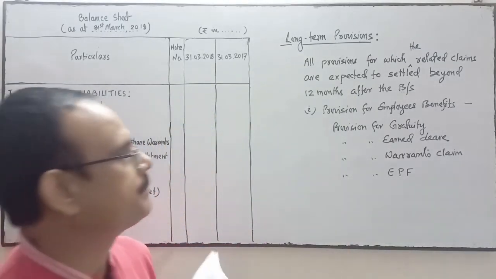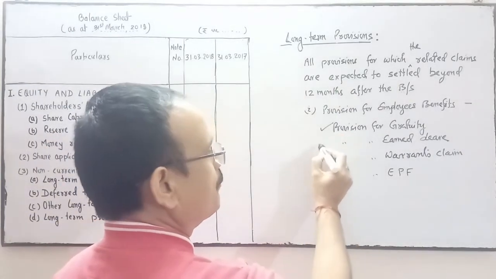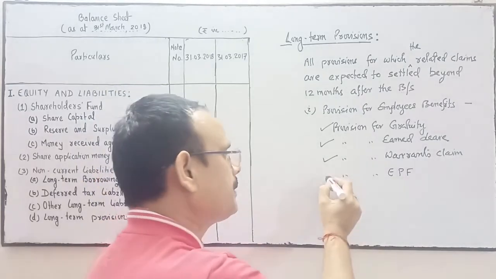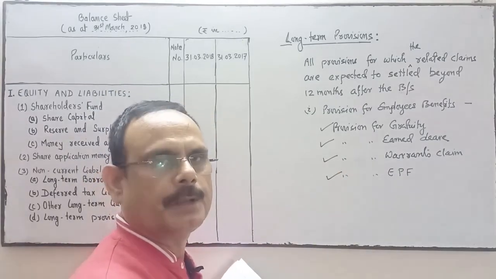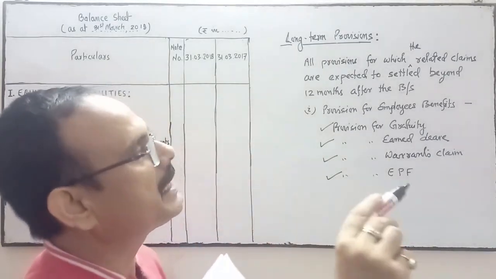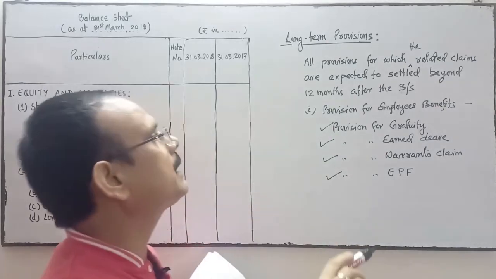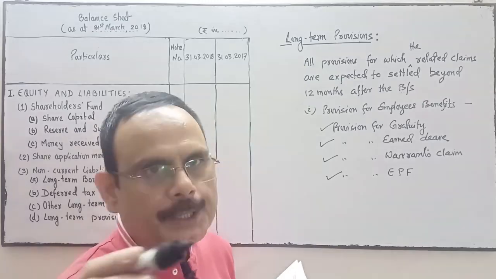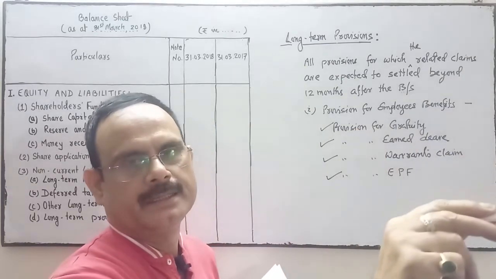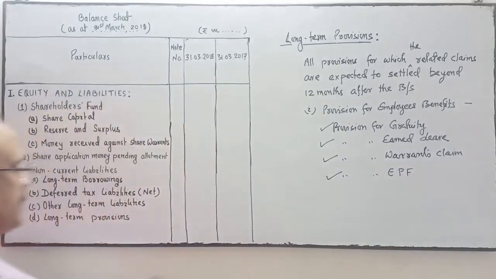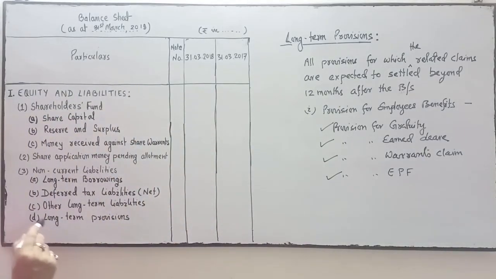So these are examples of employee benefit schemes. All provisions for which the related claims are expected to be settled beyond 12 months from the reported balance sheet date are called long-term provisions, which come under the heading non-current liability.